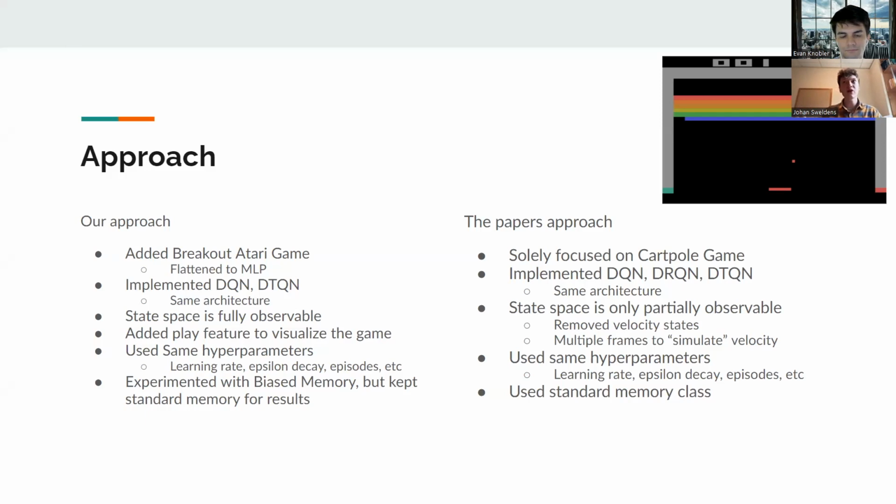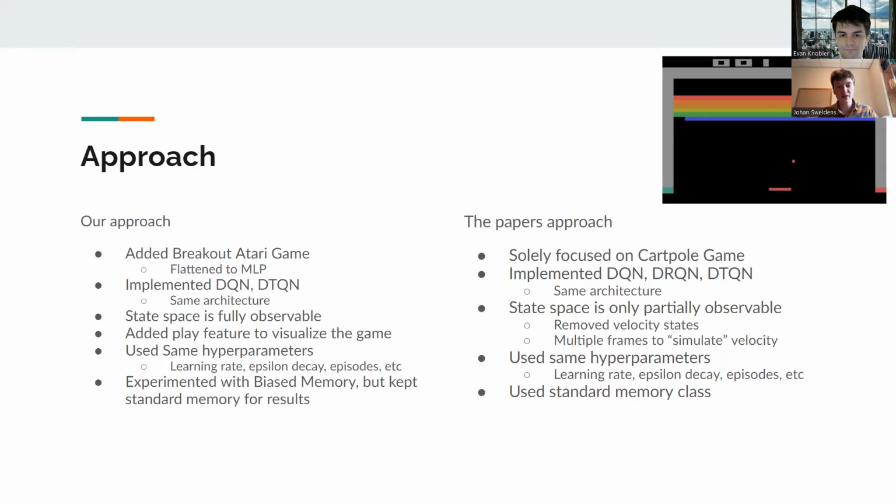So effectively, the model is supposed to try to extrapolate velocity by looking at the change in the positions of these states. But we felt that was just making it unnecessarily complicated, and it definitely limits how much learning can be done. So we removed that and just let the game train on all available state spaces.